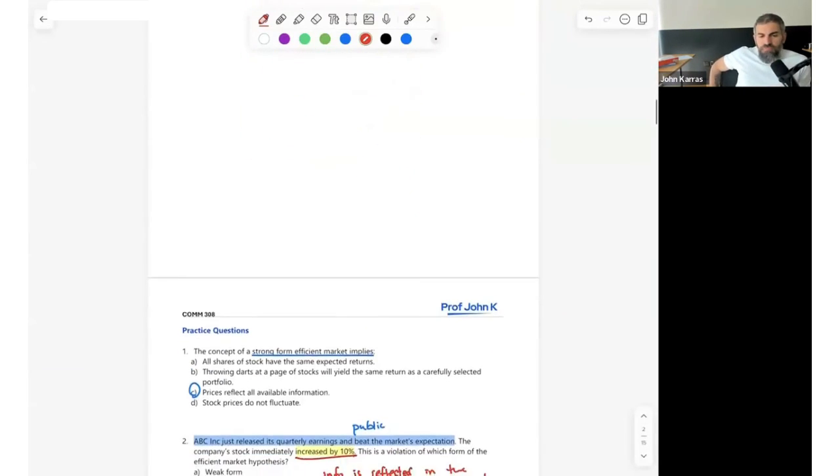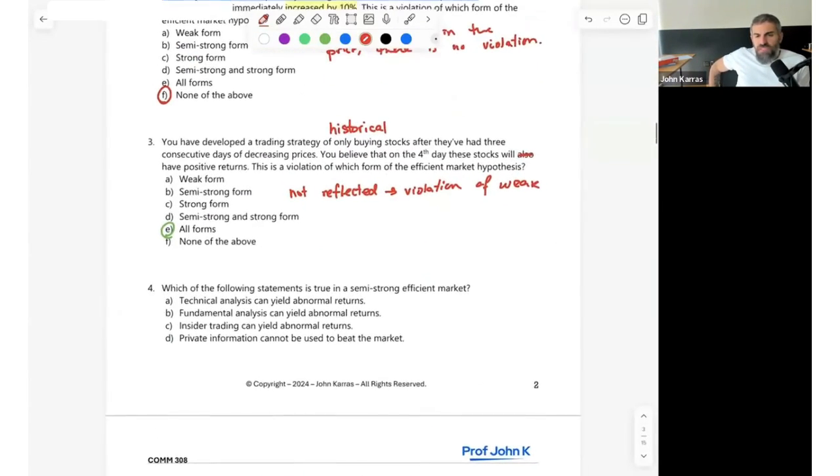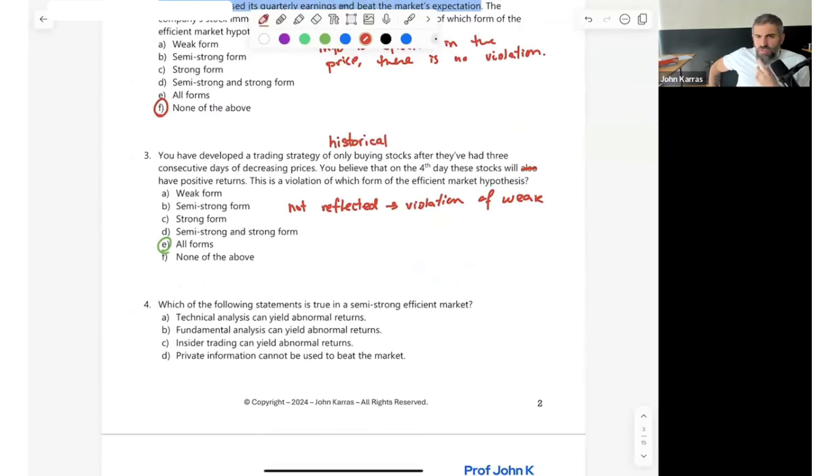Let's do one more. And this is again more of a definition style question, I guess. Which of the following statements is true in a semi-strong efficient market? I'm going to give you guys a second to read each one.